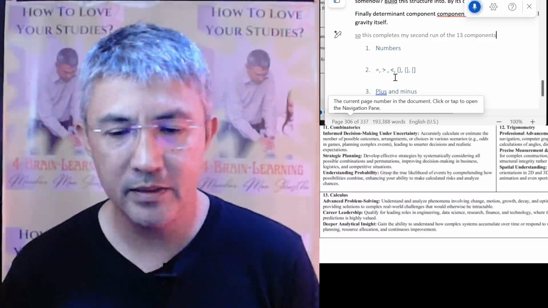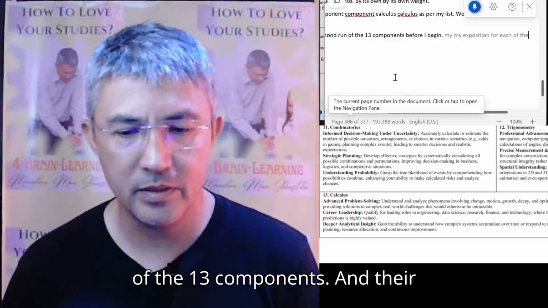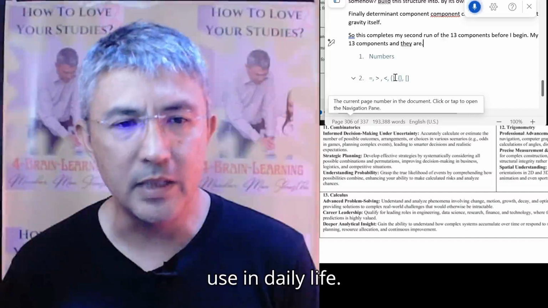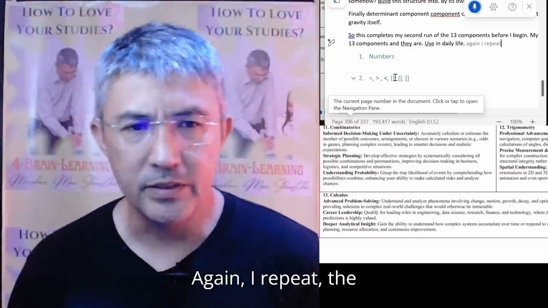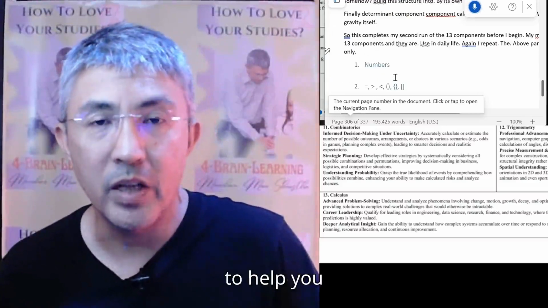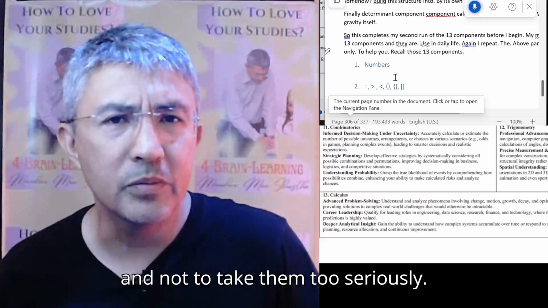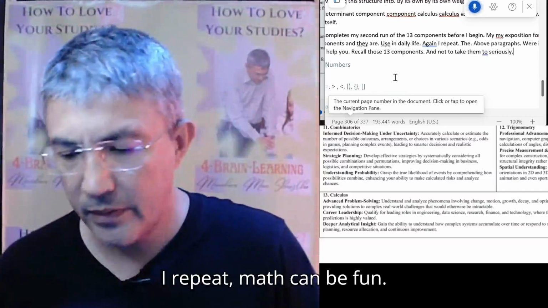Before I begin my exposition for each of the 13 components and their use in daily life, again, I repeat, the above paragraphs were intended only to help you recall those 13 components and not to take them too seriously. I repeat, math can be fun.